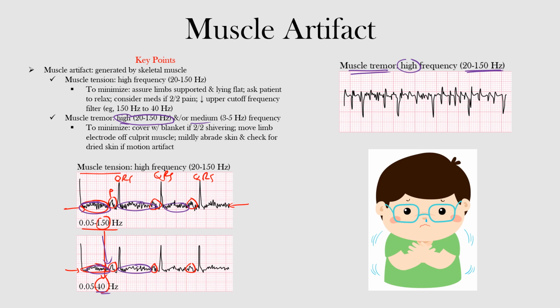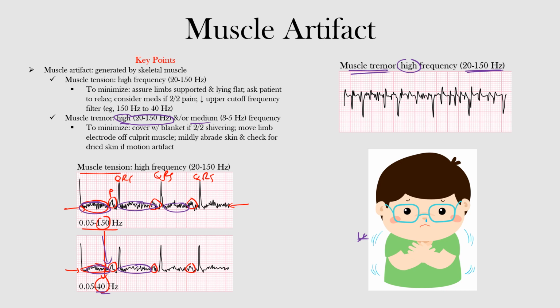So some ways to alleviate: remember, if the patient's cold, make sure to cover them. You can see our guy here is cold, so make sure to give him a blanket. Try to find if there's a certain muscle that's causing that tremor. Maybe move the electrode to another position so it avoids that muscle. We mentioned mildly abrading the skin or checking for any dried skin if there's a motion artifact also present.